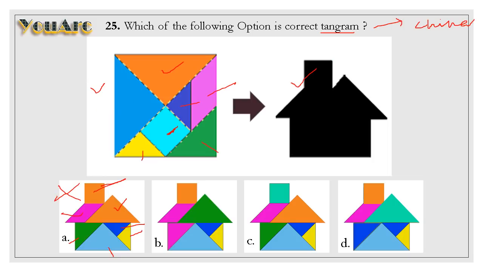So let's see the next option here. Okay, in the next option, we can see this purple color triangle which is not there in the palette. So this will be the wrong option. Even this is not there because it is a blue color square. So let's see option C. Yes, it is there. Yes, it is here.